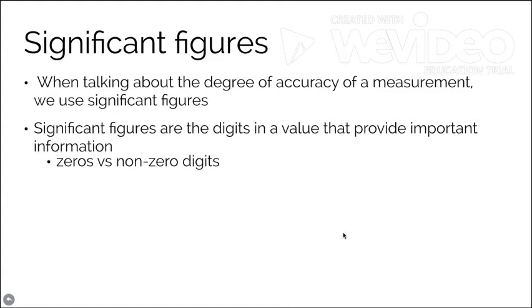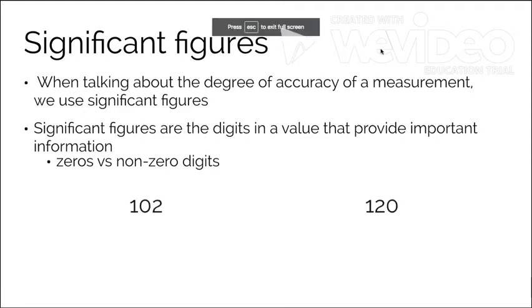I'll tell you more about that in the next slide, but just as a short example to get us introduced to it, let's look at these two numbers. These two numbers are very similar, 102 and 120. They're within 18 points of each other, so that could be a lot, or maybe it's not a lot, depending on the scale. But again, these are both 3-digit numbers, and we have the same numbers that go into it, 1, 0, and 2. They're just in a different order.